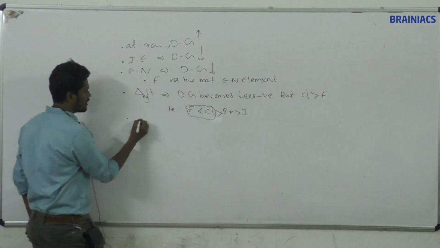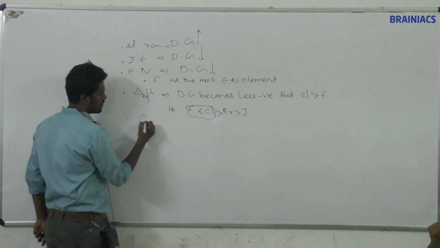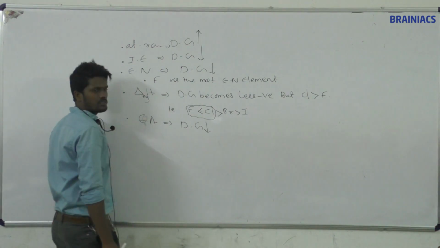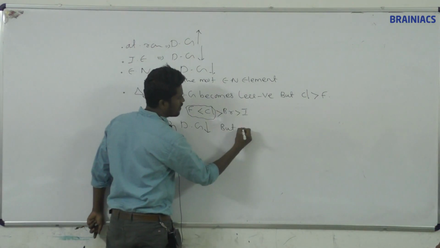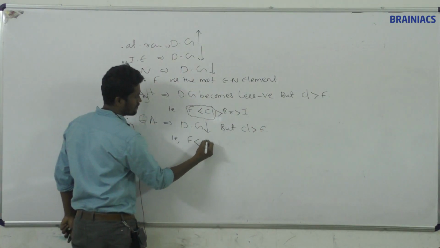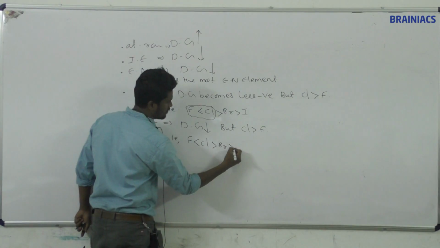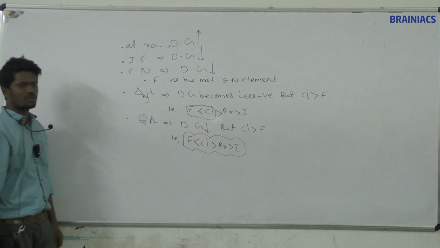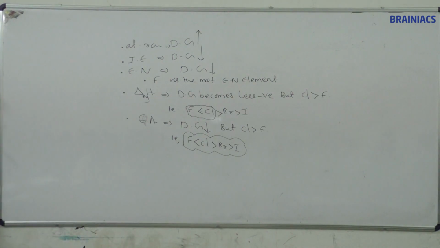The same way, electron affinity decreases, but Cl is greater than F. What do you mean by electron affinity and electron gain enthalpy? Both are the same, just different points of view of thermodynamics.